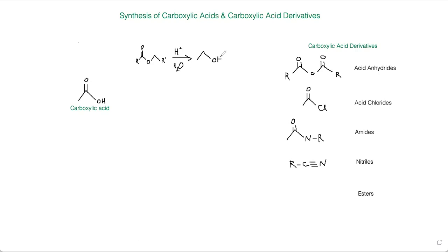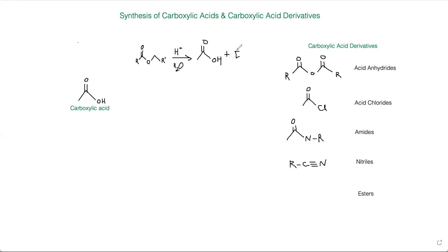And I'll go ahead and show the mechanism for this down below because it happens the same way for esters, acid anhydrides, and acid chlorides. Obviously, the products are a little different. With esters, you'll have a carboxylic acid plus, depending on the type of ester, an alcohol.